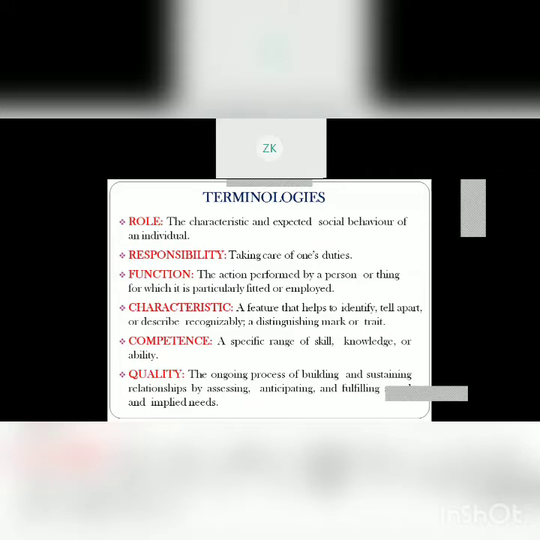So a specific range of skill, knowledge, or ability comes under competence. And then quality, it is a standard characteristic or a value that is needed to process, or an ongoing process of building and sustaining relationships by assessing, anticipating, and fulfilling stated and implied needs.